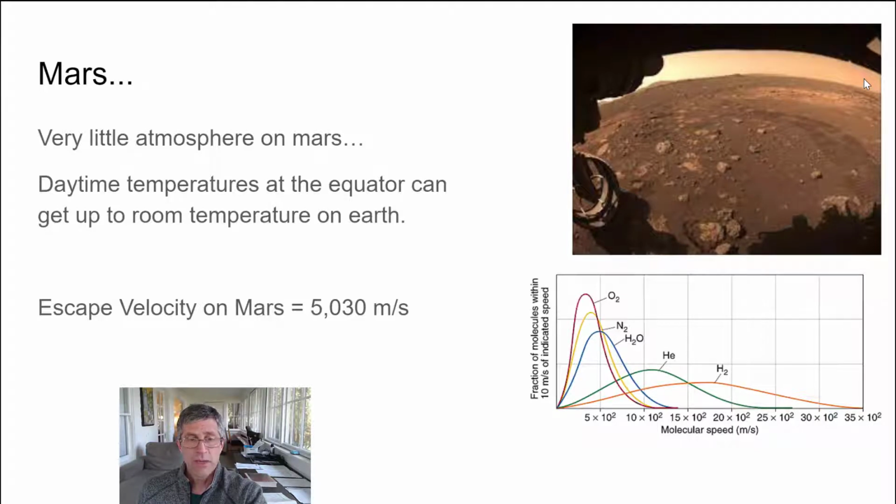And you look at something like hydrogen, and there's a better chance that some hydrogen molecules are going that fast and they just escape. So no matter how hard you try, you will not be able to keep hydrogen on the surface of Mars. It's going to fly off. Some will be going slower and some faster, and the ones that go too fast are gone, and you can't get them back.